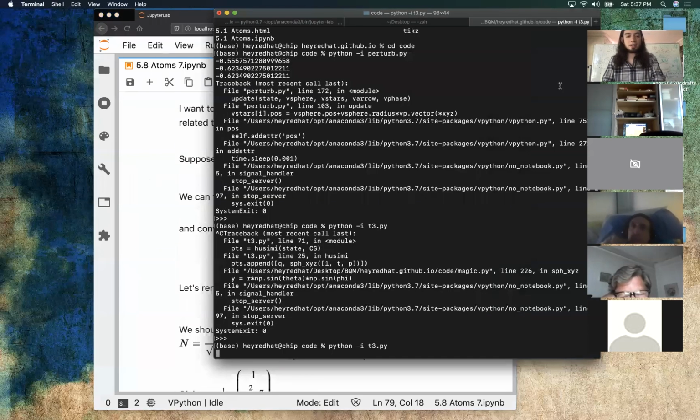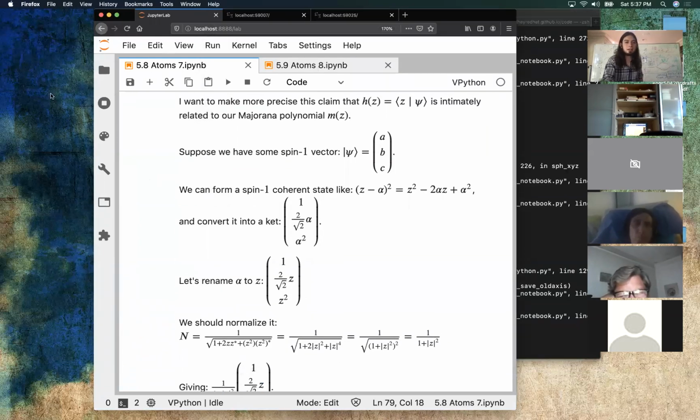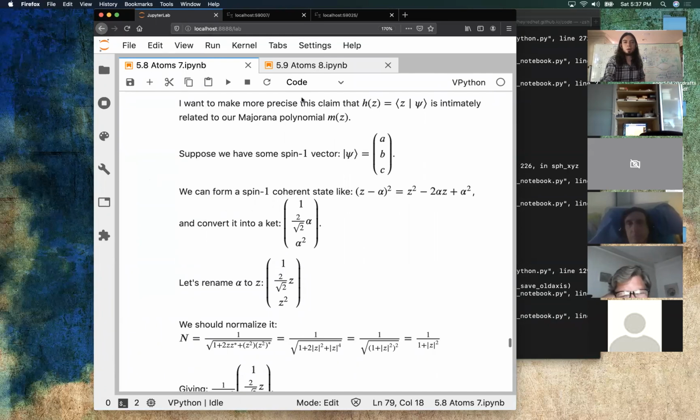And you know, to get more intuition about why this works, let's follow some stuff out a little bit here. So I want to make more precise this claim that we have this H. I call it H because it's often called the Husimi distribution on the sphere.